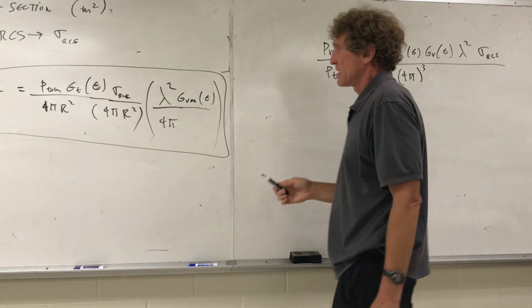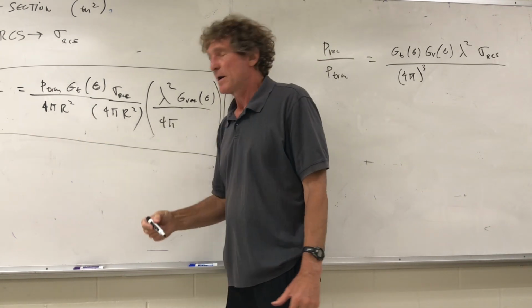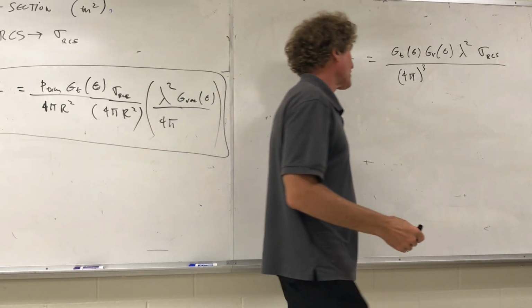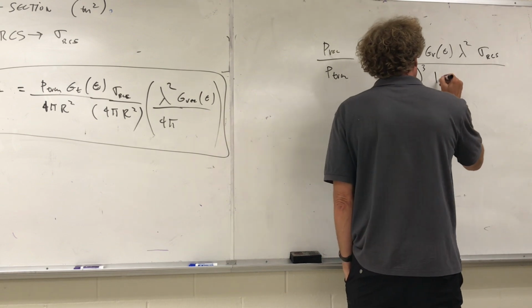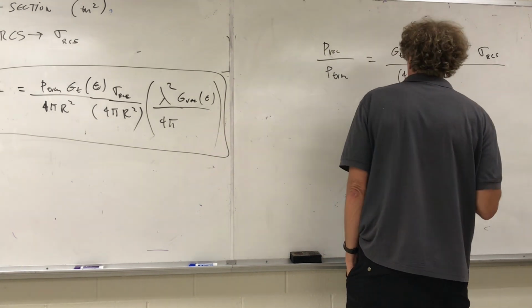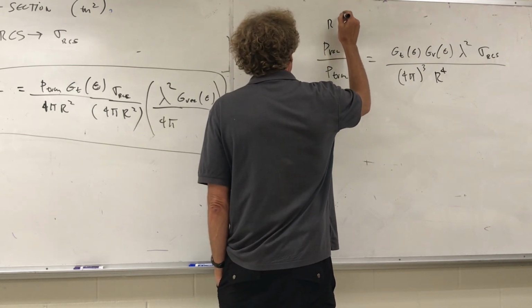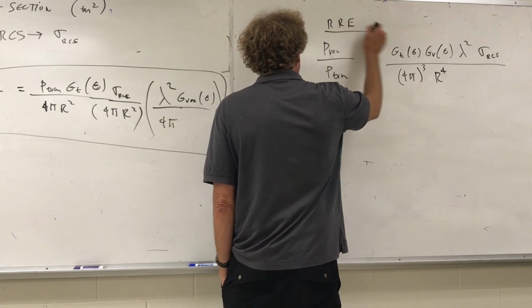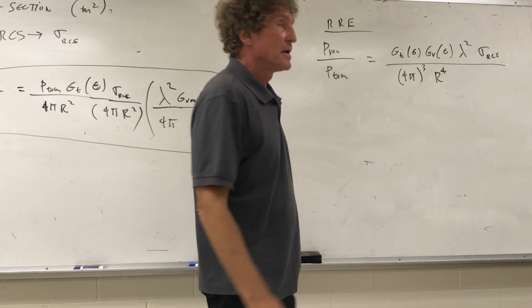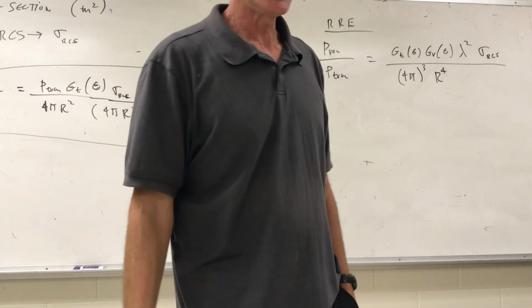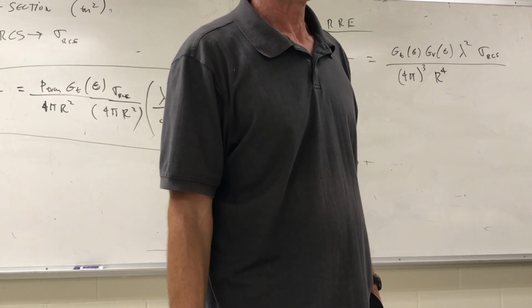You can see 4 pi, 4 pi, 4 pi. Then it's divided by r to the fourth. And this is the standard, it's called the radar range equation, RRE. And that tells you the amount of power received for a given amount of power transmitted.